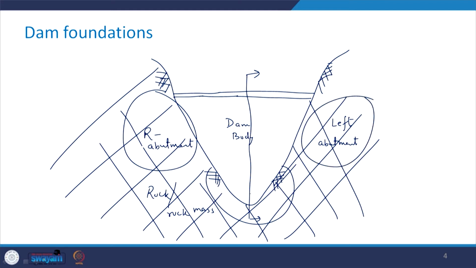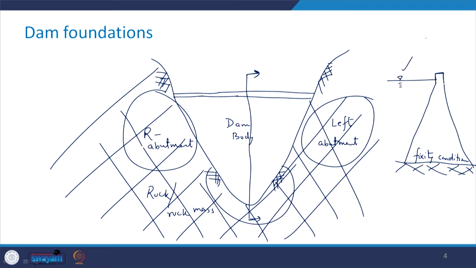And if we try to draw the cross section along this section, see, this is how it is going to look. You may have here a fixity condition, and on this side the water level is there.